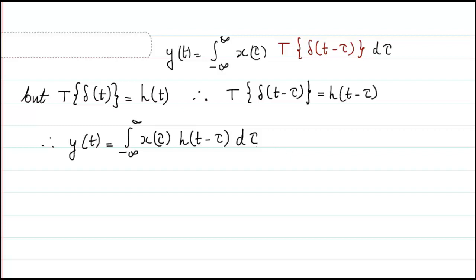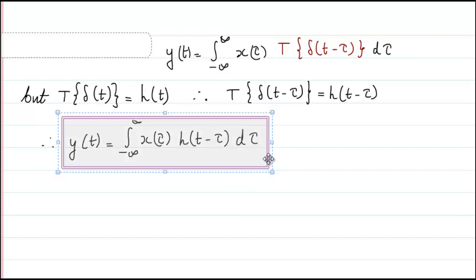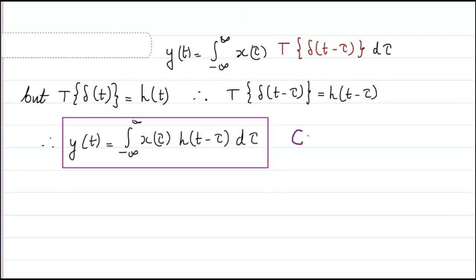And this is the basic equation of the convolution integral. Previously we had the convolution sum; now we have the convolution integral for continuous time signals. So in the case of CT, we have the convolution integral, and for DT, we have the convolution sum.